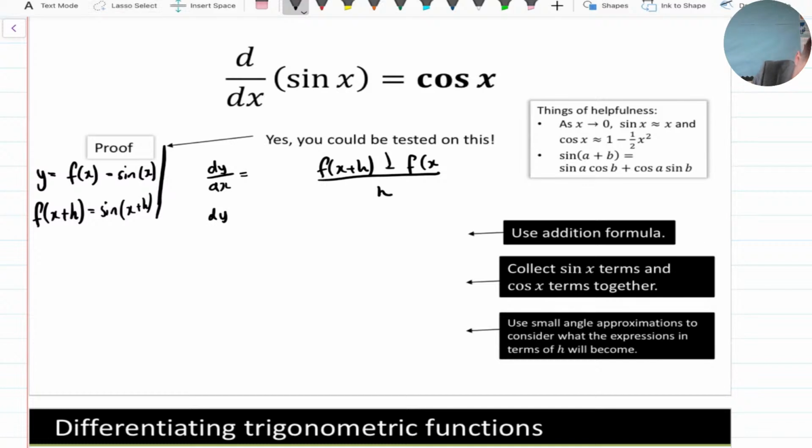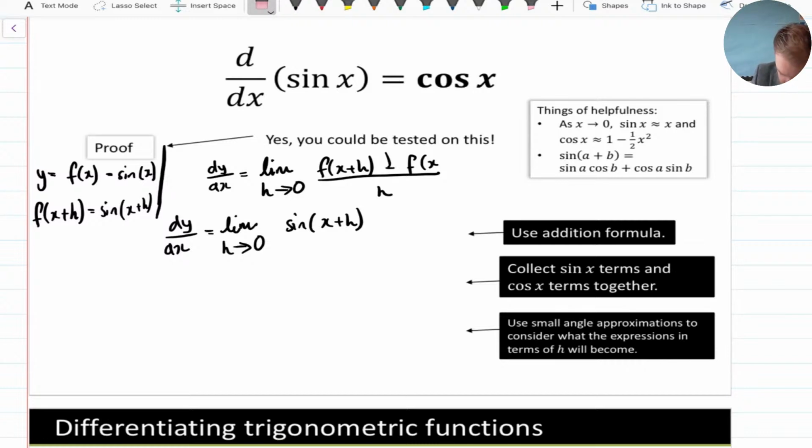So we're going to say that dy by dx is equal to the limit as h tends towards 0. And we know that f of x plus h is equal to this sine of x plus h, minus sine of x all over h.